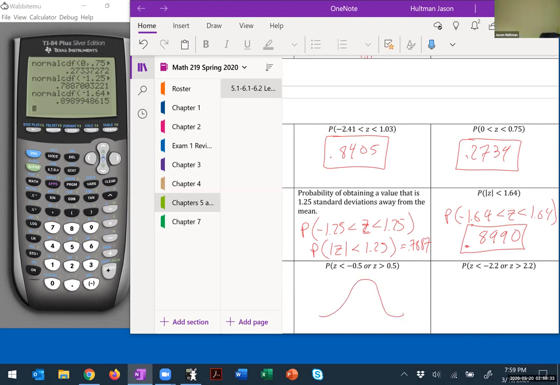We have this normal distribution, so z is less than negative 0.5, or z is greater than 0.5. The calculator will only calculate one of these, but because of the symmetry involved, it's going to be 2 of the same thing. These are identical twins.